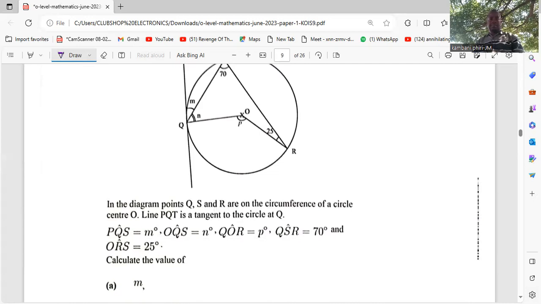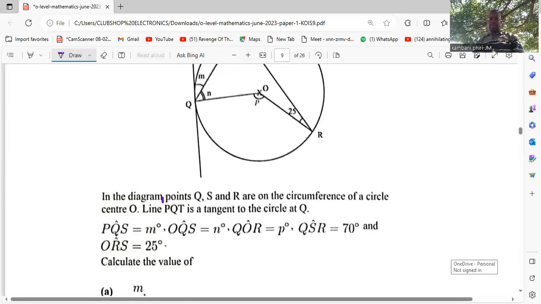In the diagram, points Q, R, and S are on the circumference of the circle, center O. Line PQT is a tangent to the circle at Q. Angle PQS is M degrees, OQS is N degrees, QOR is P degrees, QSR is 70 degrees, and ORS is 5 degrees.